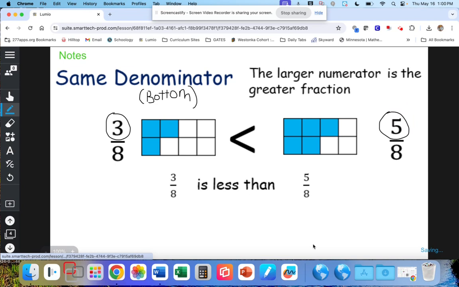Well, if I have 8 total pieces and I eat 3 of them, and my friend eats 5 of them, who has more? Well, my friend who got the 5 pieces ate more than me with the 3. So we are going to put in the less than symbol. The 3 on the left is smaller than the 5 on the right.